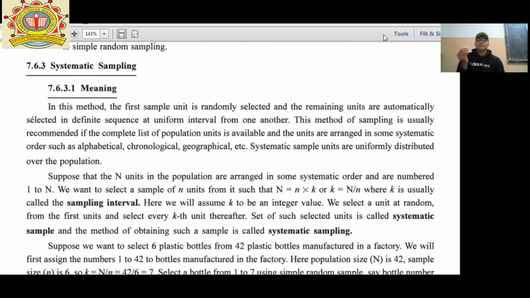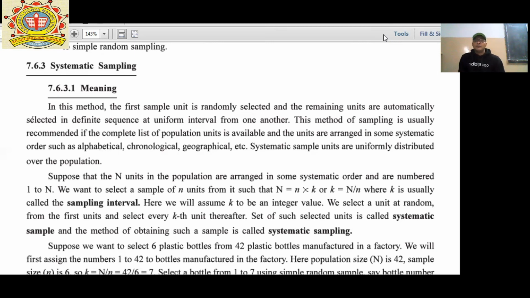It means if there are 1,000 numbers and I want to select 10 from them, then the total number, capital N, is equal to 1,000 and small n that we have to select is 10. So 1,000 divided by 10, we get the answer 100.